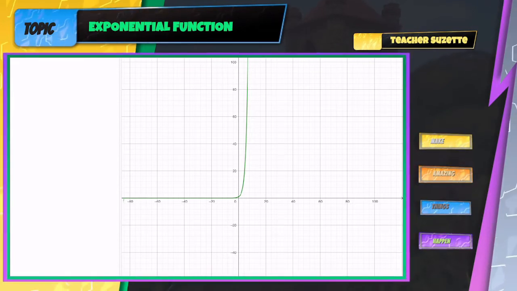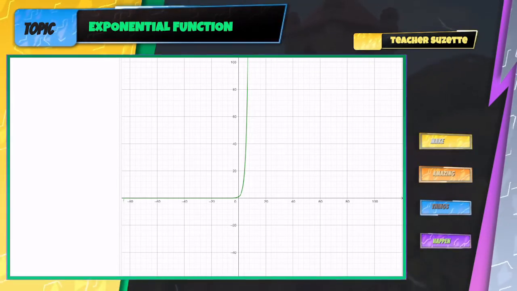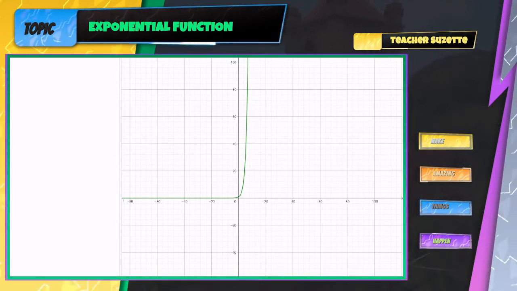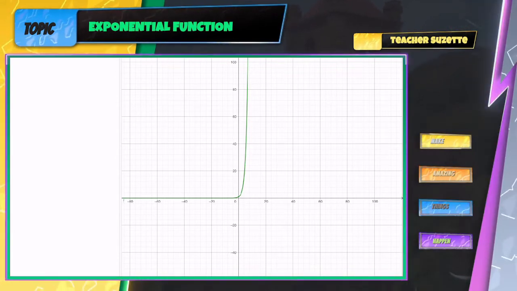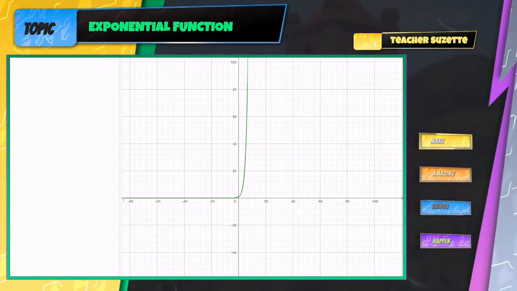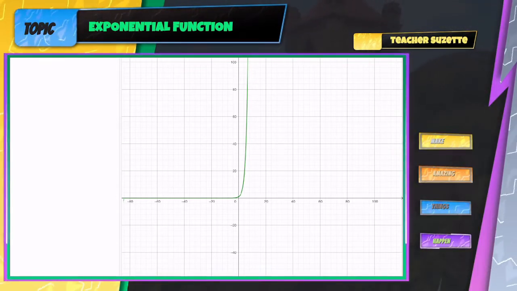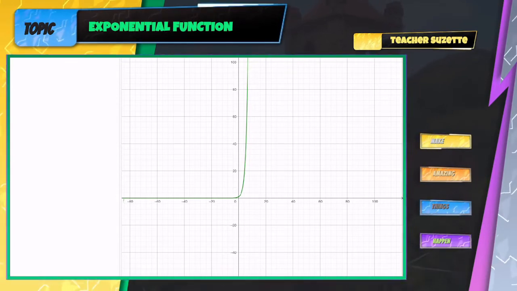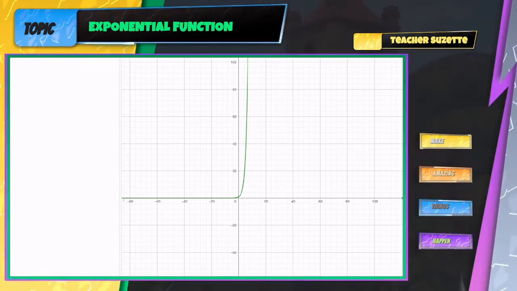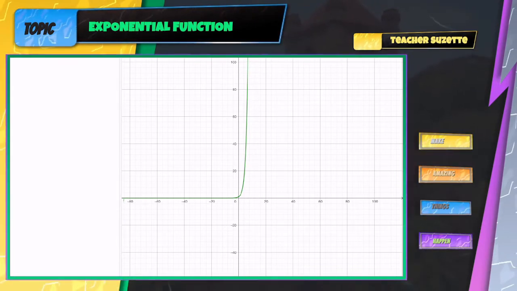So, as our x goes to positive infinity, our values of y also increases exponentially. So, meron siyang value. Nagko-correspond siya sa isang value ng y. So, may isang value ka ng x, may isang value ka rin ng y for positive infinity. So, wala tayong limitation when our x increases without bound.